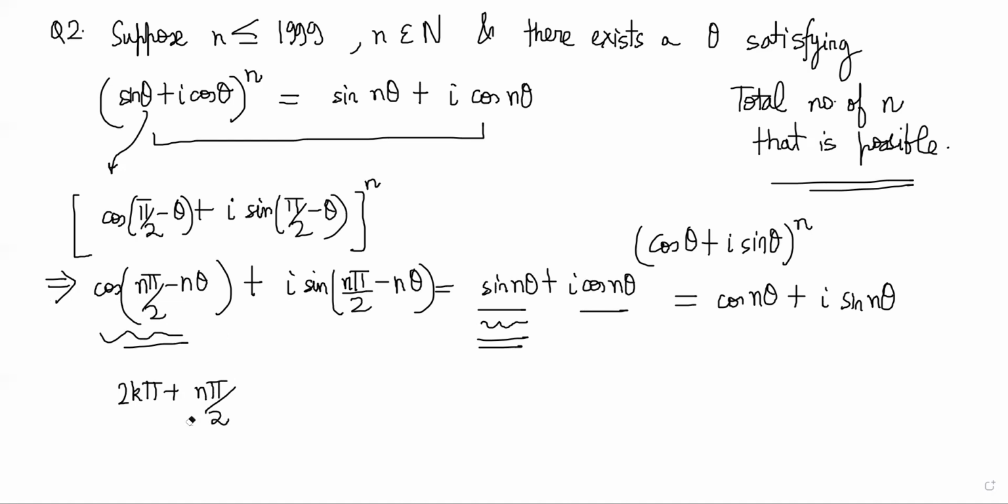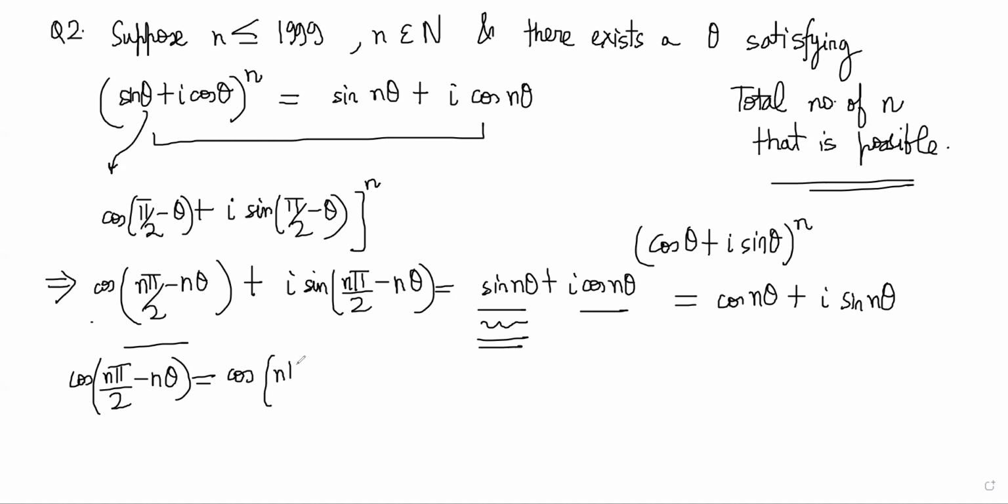So here we can say cos of (n pi by 2 minus n theta) should be equal to sine n theta, which is cos of (n pi by 2 minus n theta), right?